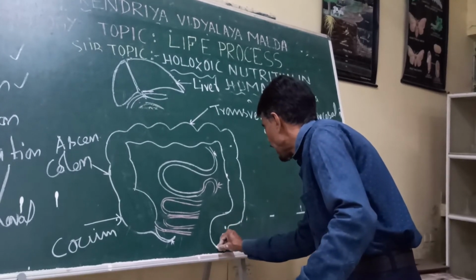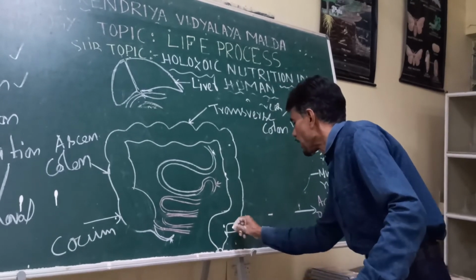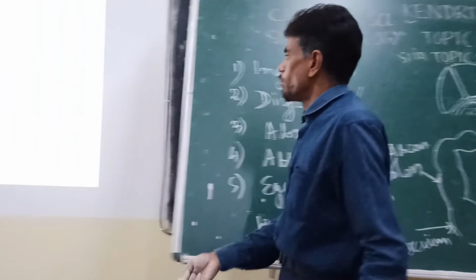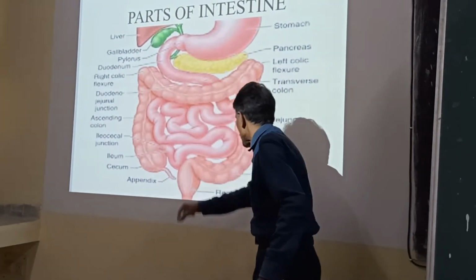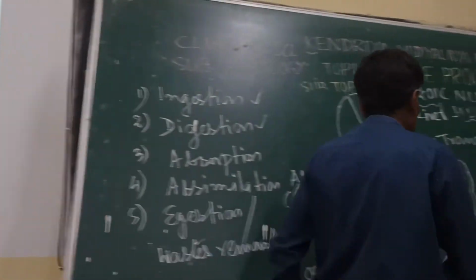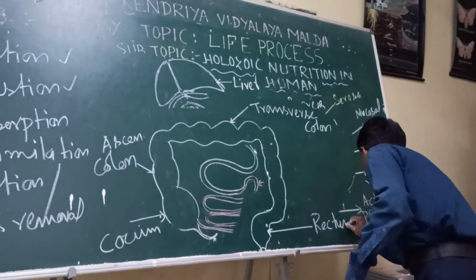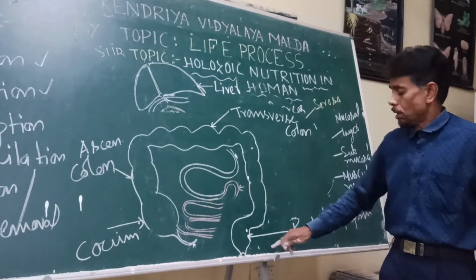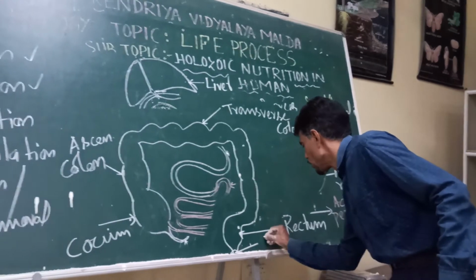This muscular bag-like structure we call rectum. This is the rectum here, the muscular bag-like structure. So rectum ends to the last part of the alimentary canal called anus.